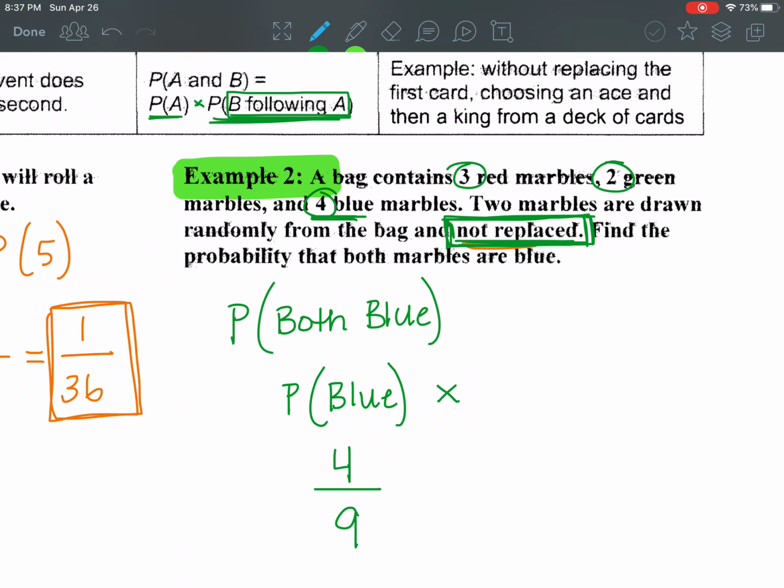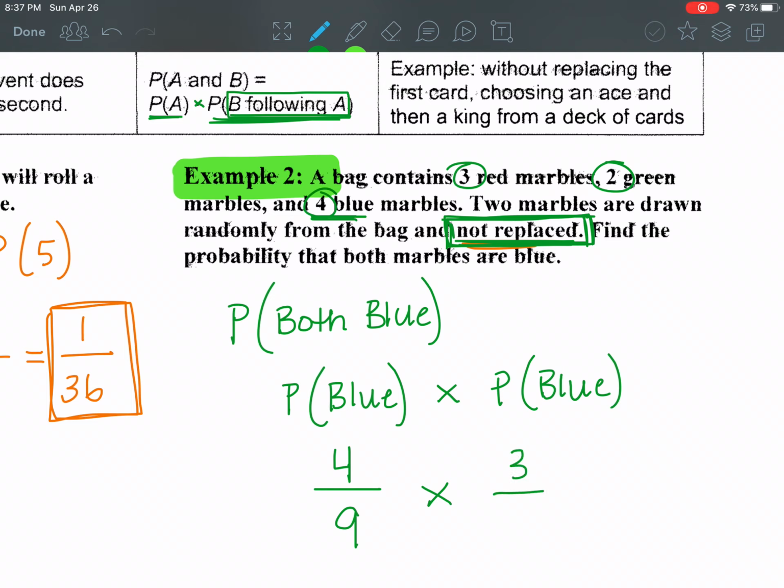Now we're going to multiply that by the probability of the second one, but this is following. We always expect that the first event happened. So right now I have a blue marble in my hands. How many blue marbles are left in that bag? Well, there was 4, so now there's only 3.